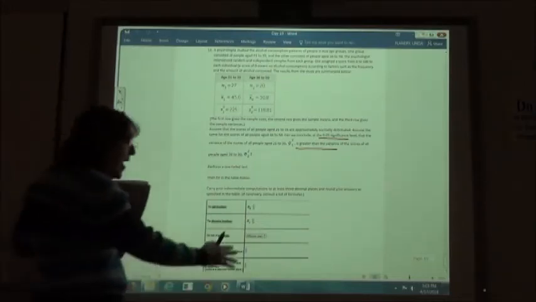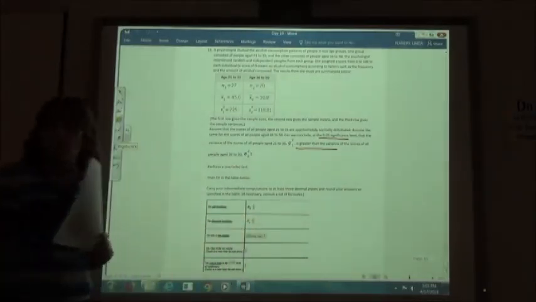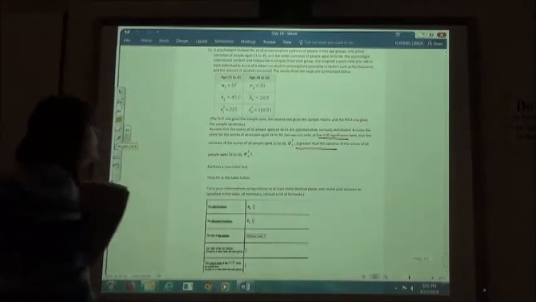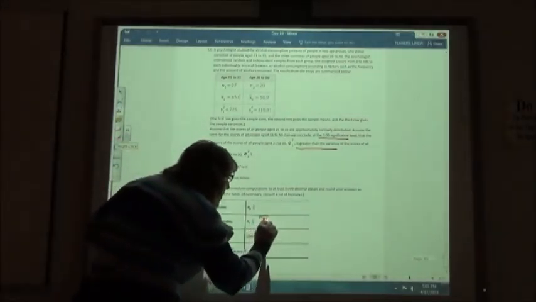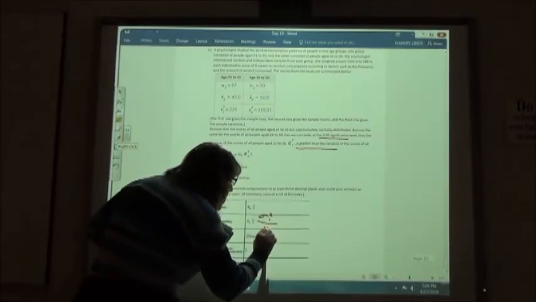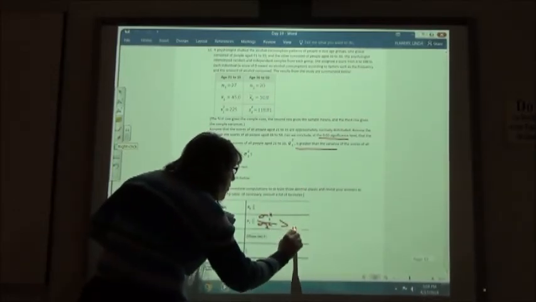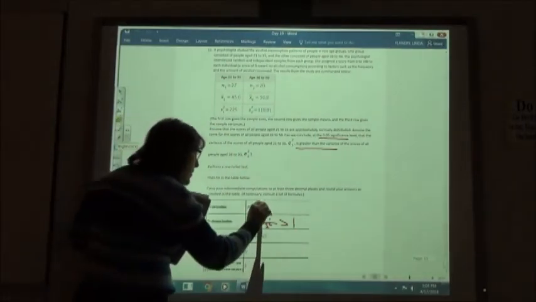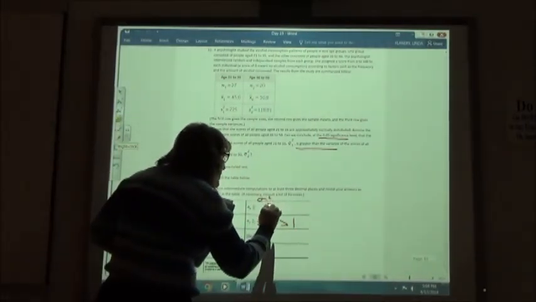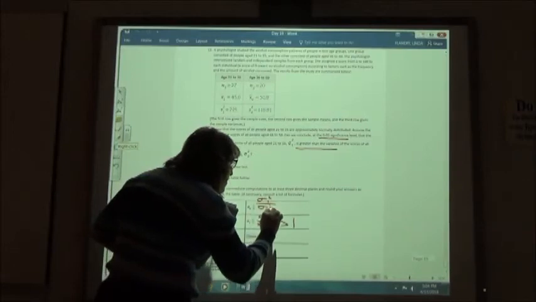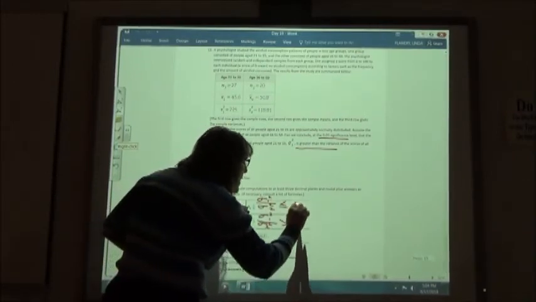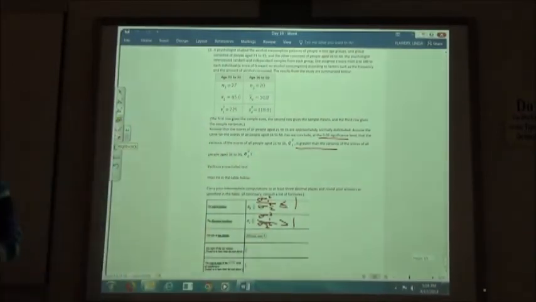So my greater than is going to go for my alternative hypothesis. So my variance from my first divided by my variance of my second is greater than 1, or for my null, the variance of the first divided by the variance of the second would be less than or equal to 1.